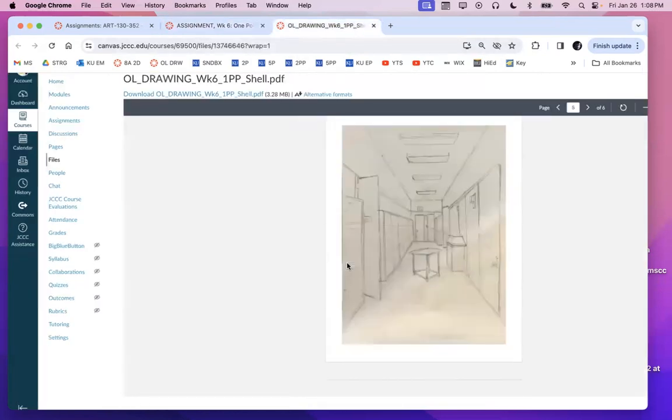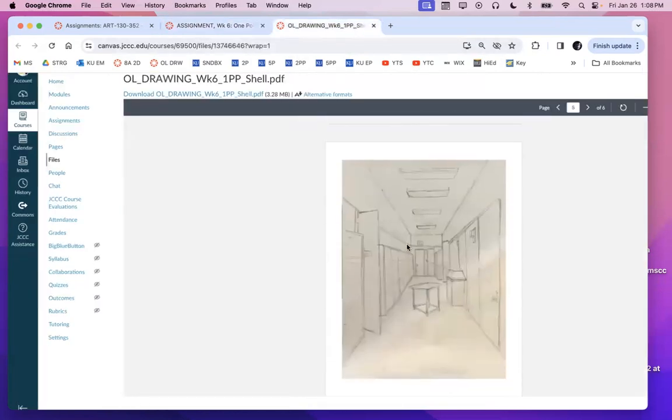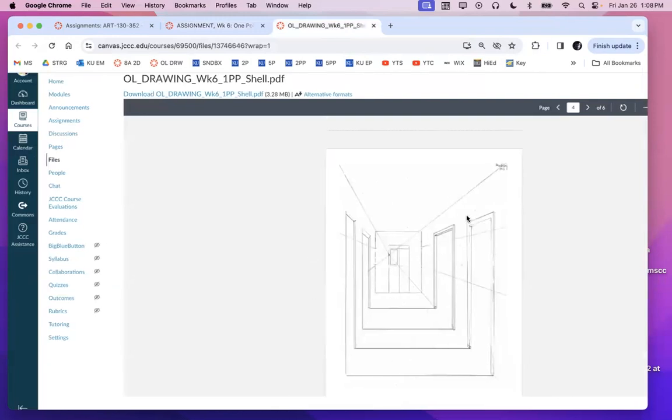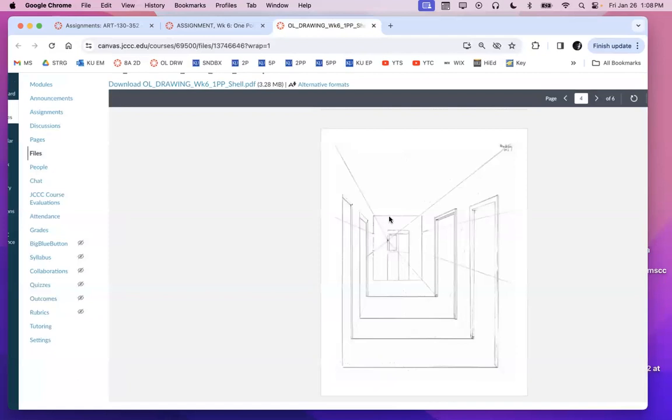So when you're drawing your hallway, here's a theoretical hallway that was just done. You can see that all the vertical lines are vertical and all the horizontal lines here in the back are always horizontal, parallel with the tops and the bottoms and the sides of your page. And then all of the lines that look like they're moving away from you are always going to hit that vanishing point.